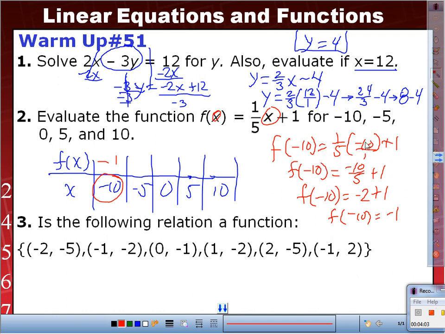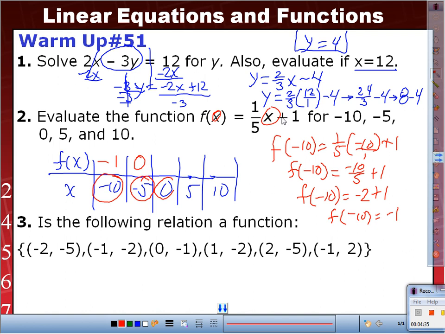But now that we saw the pattern, let's see. What did we do here? Negative 10 times 1 divided by 5, that's negative 2. Then we add 1. What's the next value? Negative 5. So negative 5 times 1, that's negative 5. What is negative 5 divided by 5? Negative 1 plus 1 is 0. What's the next value? 0.